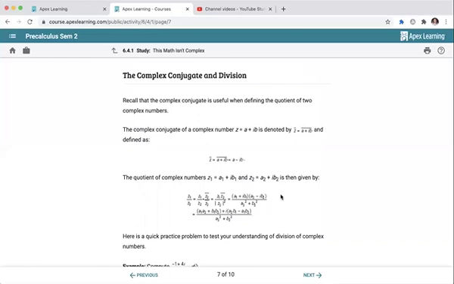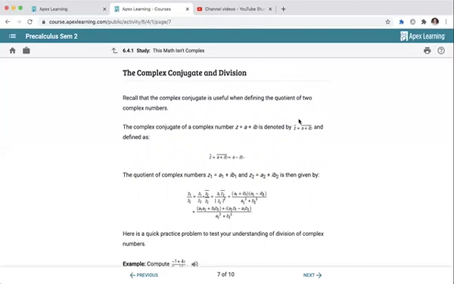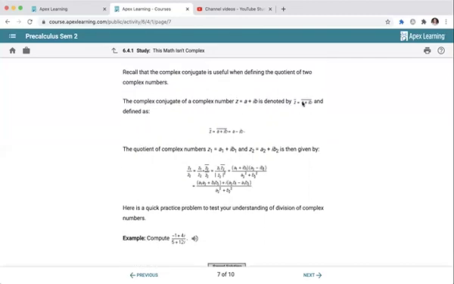Okay, so then moving forward here with complex conjugates and division. We can denote those in general by having that Z bar. So this is saying here that Z is equal to a plus bi, and Z bar is the complex conjugate of this value a plus bi.